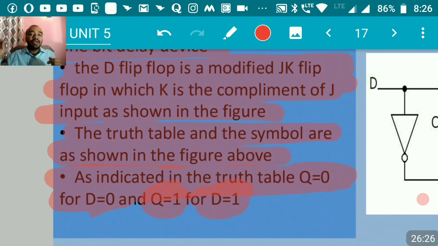If your input is 0, the output is also going to be 0, which we call the reset state. If your input is 1, the output Q will be equal to 1, which we call the set state. All these changes of state will come into picture only after applying the required clock pulses. Understood? So this is what your D flip-flop is.